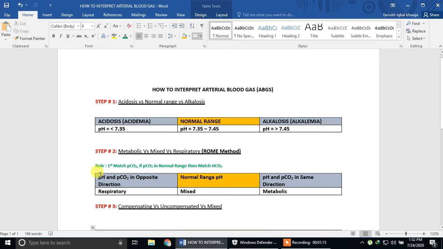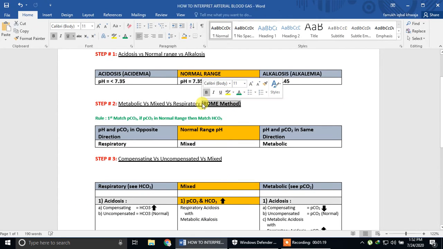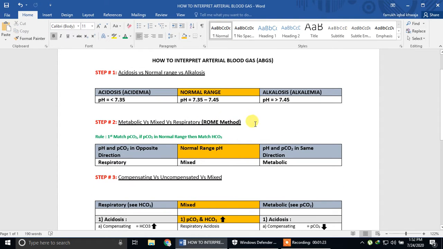The second step is the old thing, the ROME method, which will simply differentiate whether there is a metabolic problem or a respiratory problem. There is one rule of this ROME method: you first match the partial pressure of carbon dioxide.